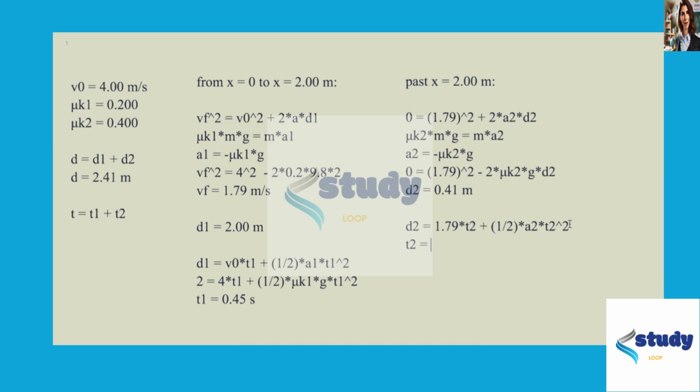I won't go through the actual solution, but we should get 0.19 seconds. So finally, when we go through here to get the total time, we should have 0.45 plus 0.19, and that's going to give us total time equal to 0.64 seconds.